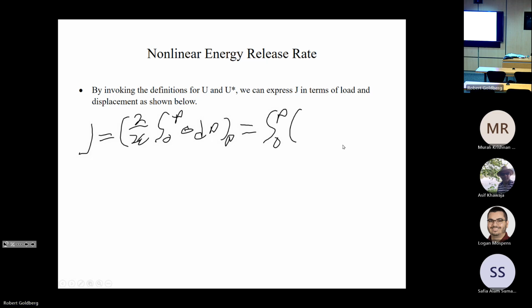of the derivative of the displacement with respect to our crack length for the case of constant loading, integrated with respect to the load.